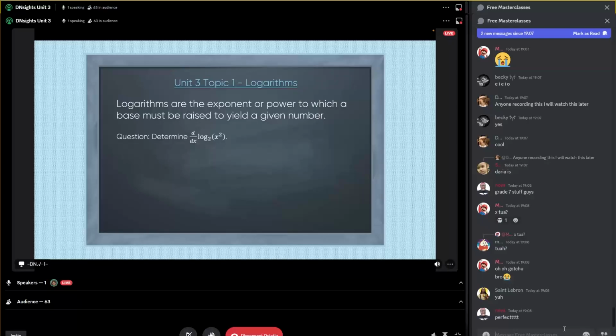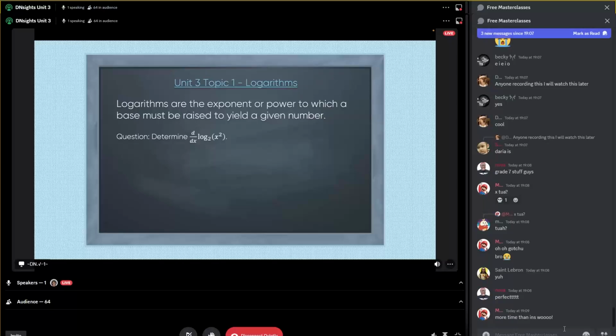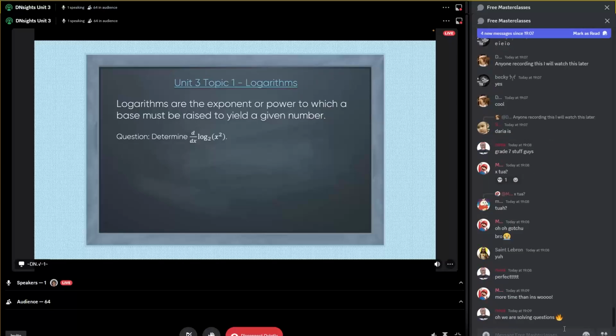Okay, I'll have to scroll through because I can't check the chat on my phone at the same time, otherwise it switches devices. Should be okay though.